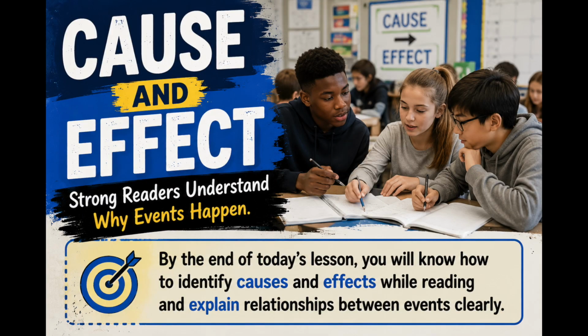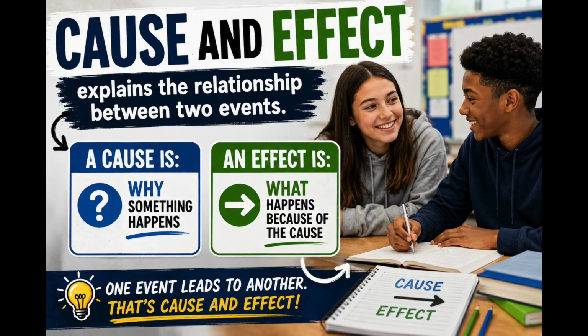Let's first talk about what cause and effect even is. Cause and effect explain the relationship between two events. A cause is why something happens, and an effect is what happens because of the cause. Think of it like dominoes. One thing happens first, then causes something else to happen next.